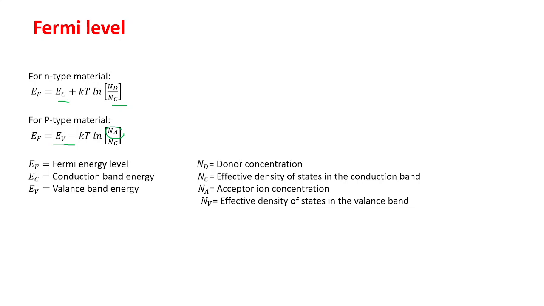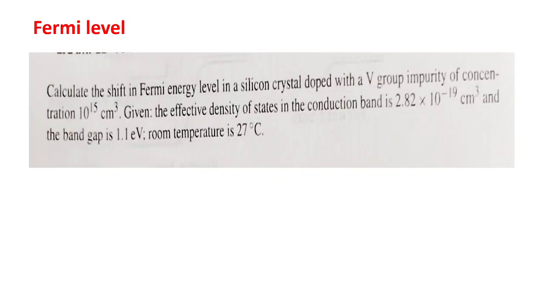The question is: calculate the shift in Fermi energy level in a silicon crystal doped with a V group impurity of concentration 10 to the power 15 per centimeter cube. The effective density of states is given, the band gap is given, and the temperature is given. We need to calculate the shift in Fermi energy level.